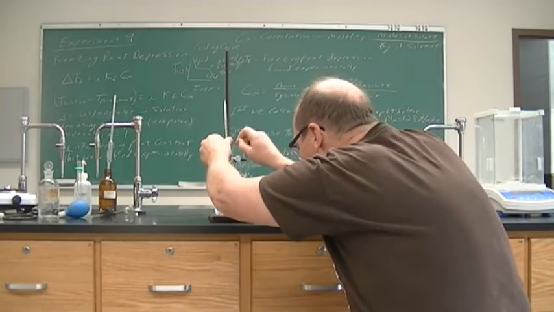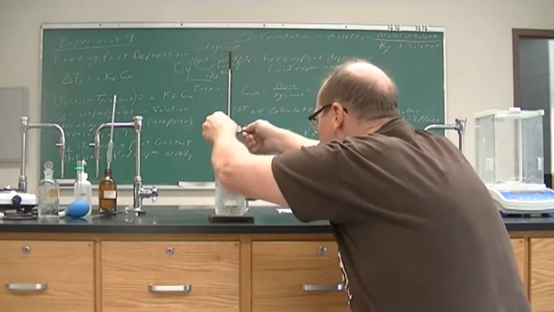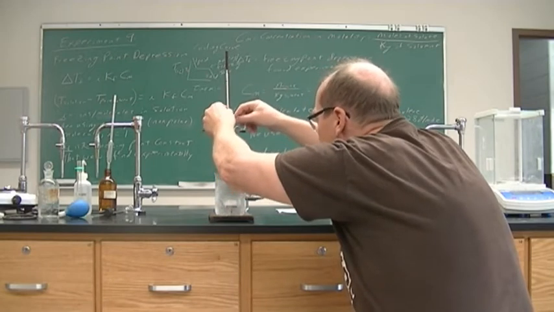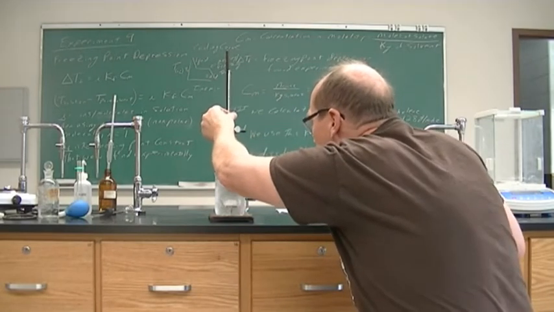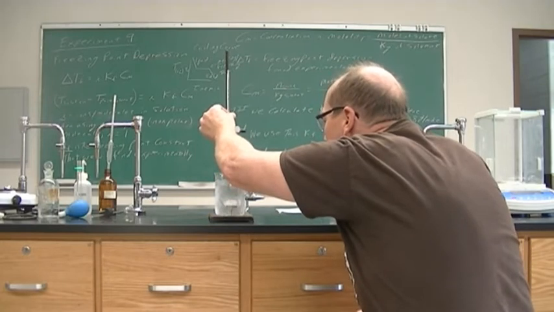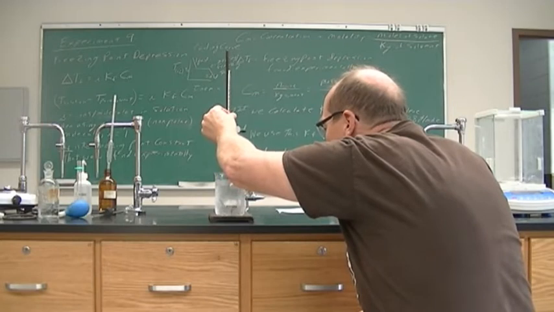Still at 5, and we're getting some solid forming. So let's bring it up out of there. We have solid, and we are at 4.5. So we are going to say that the freezing point for this is at 4.5 degrees Celsius.